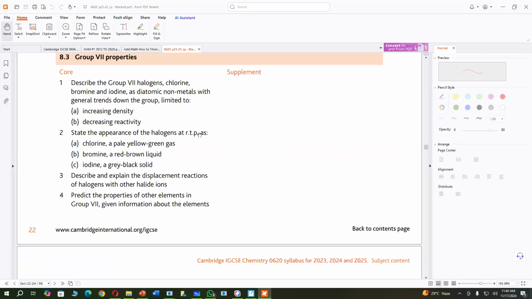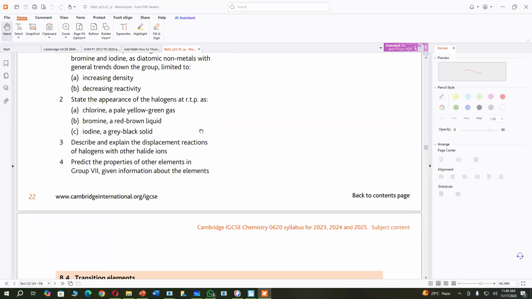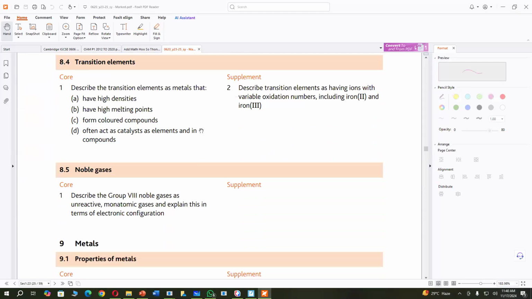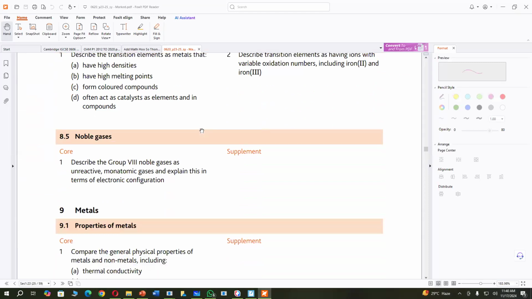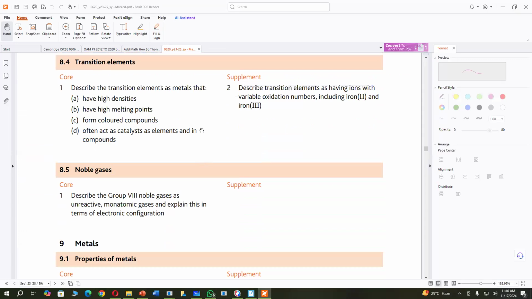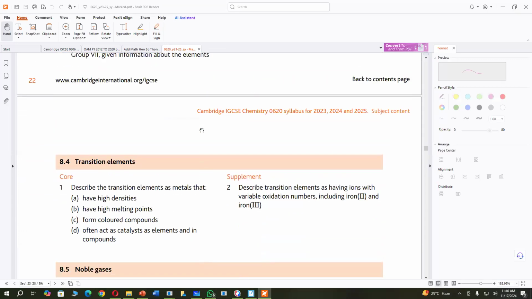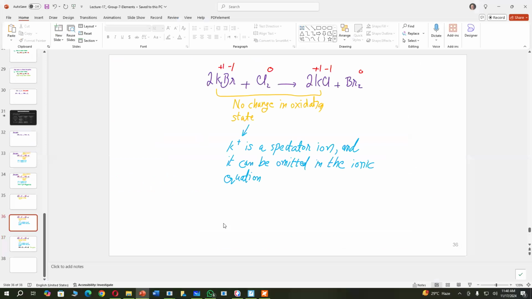Now we have done halogens. If it's a non-ionic equation, you just add 2Br and Cl2, 2Cl and Br2 without the minus and plus. Like this equation, the non-ionic equation is the first one, 2KBr plus Cl2, 2KCl plus Br2.